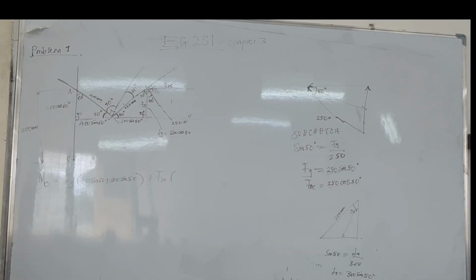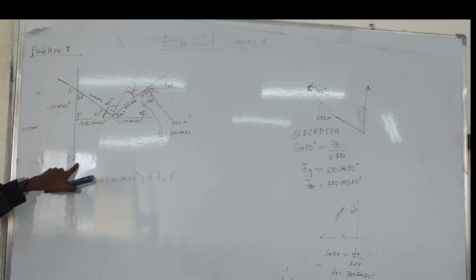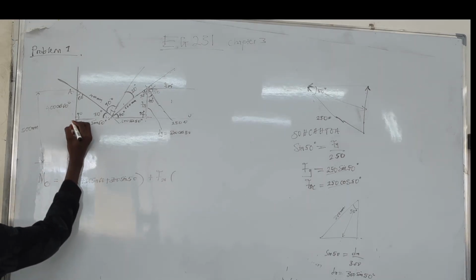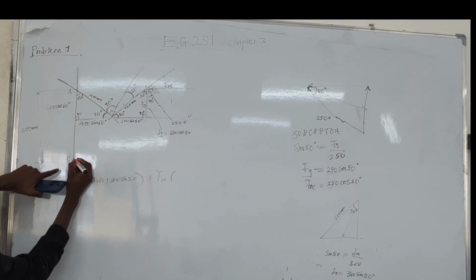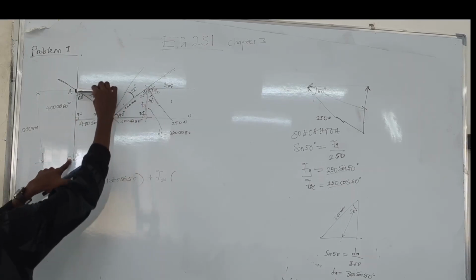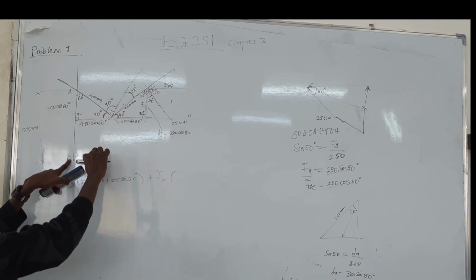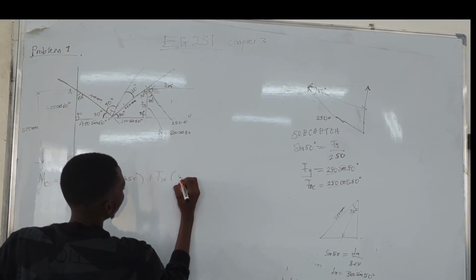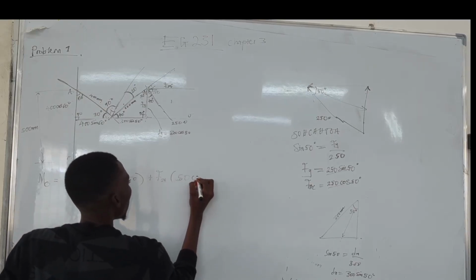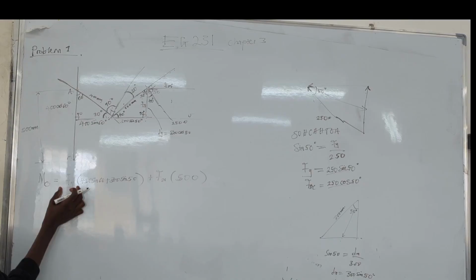We are finding the moment about point O, so if we were finding it about another point we would take a different distance, but here we take the whole distance in the y up to where point O is. So it's going to be 500.